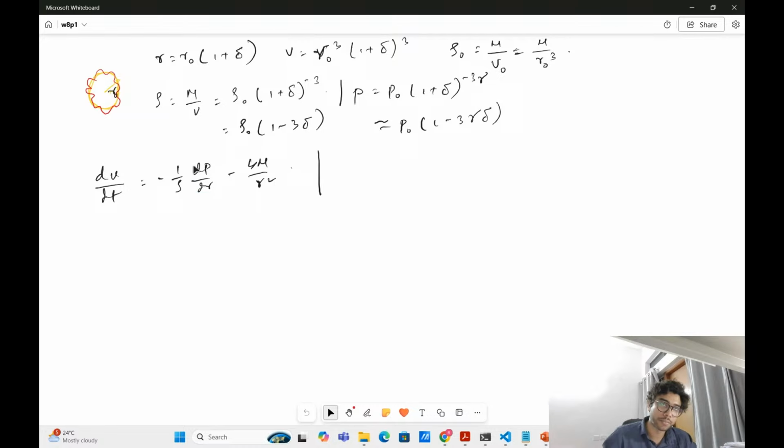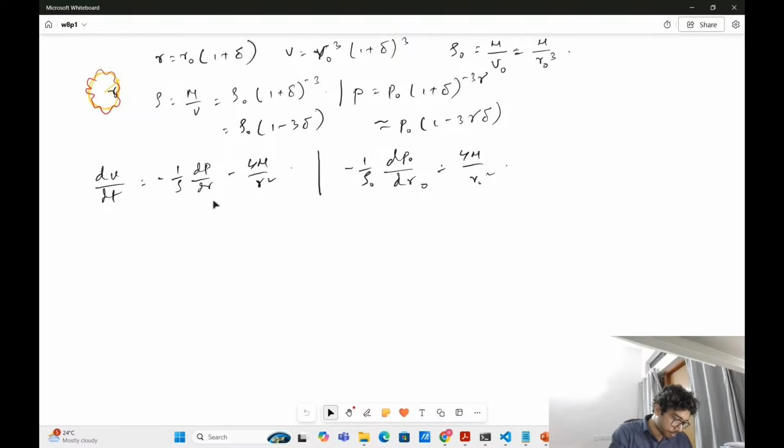All the quantities had a subscript of naught, and it was in steady state, so ∂/∂t would be 0, and therefore the equation would be dP₀/dr₀ = -GM/r₀² times ρ₀. Now we just want to calculate this equation after the perturbation.